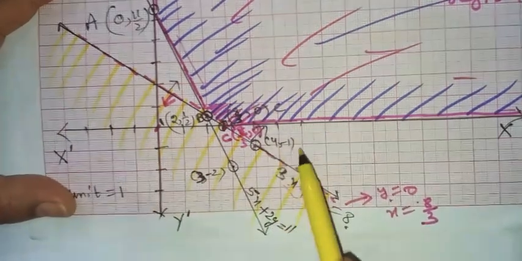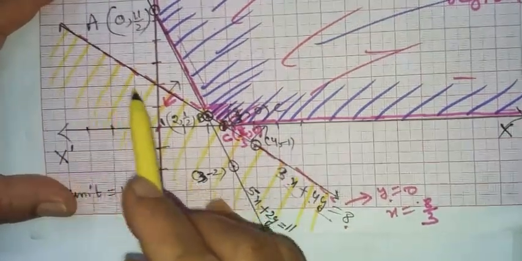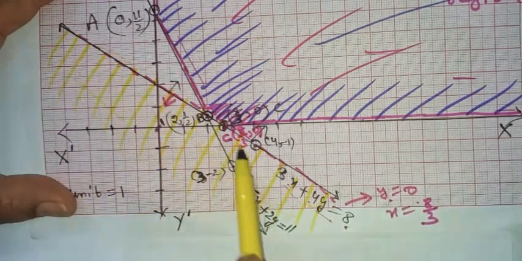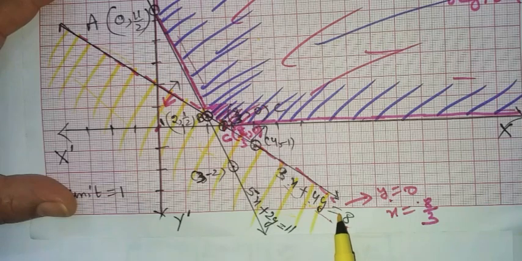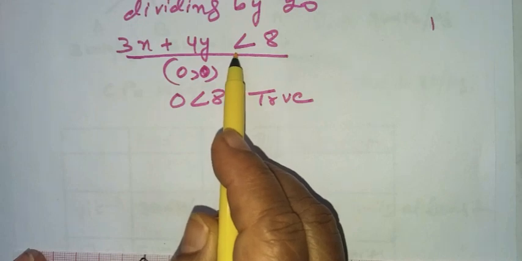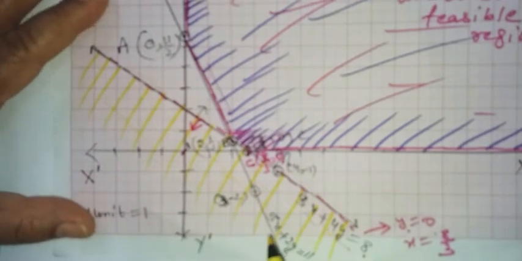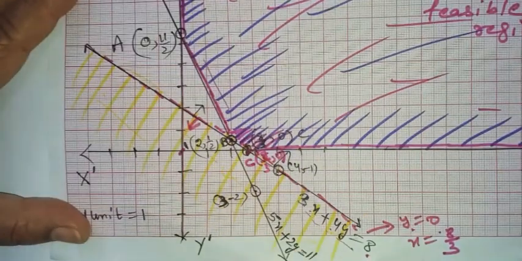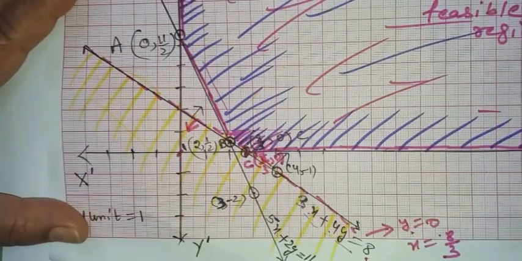And we can see there is no point in common because this yellow shaded region does not contain any point lying on the line 3x plus 4y equal to 8, because its inequality was strict. 3x plus 4y less than 8 was a strict inequality, and hence the region shown by this inequality does not contain any point on the line. So this point 2 comma 1 by 2 is lying in the above region but not in the region below. That means we have checked that this inequality has no point in common with our shaded region.